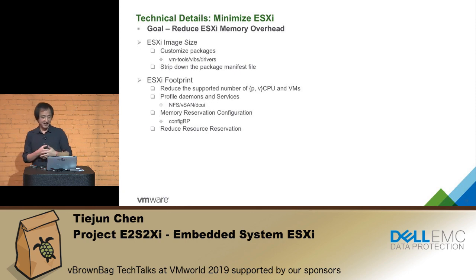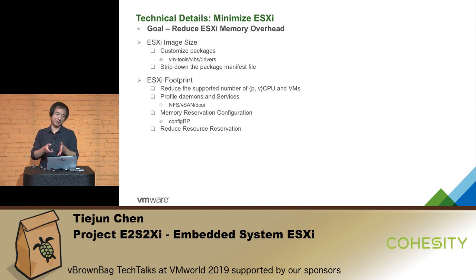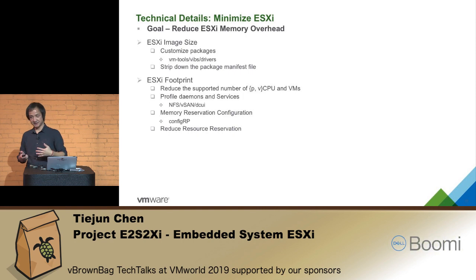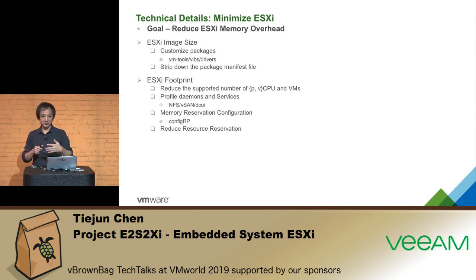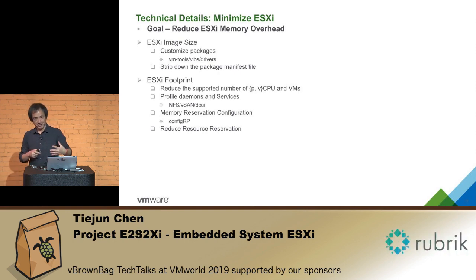Some of it we can do, like reducing the supported number of physical CPUs, vCPUs, and VMs. We can also decouple some services like vSAN and even the DCUI, which we don't need in this embedded system. I also modify some heap memory reservations to reduce memory, and in other ways I can reduce the memory overhead.